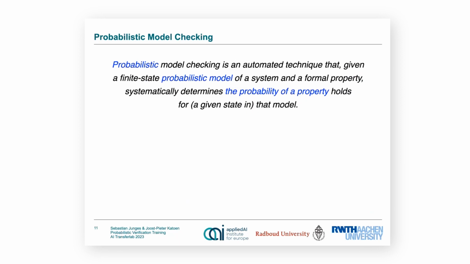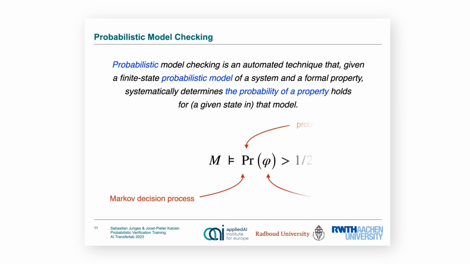So what is probabilistic model checking? It's an automated technique that takes as input a finite state probabilistic model and a property, a specification. And then you would like to systematically check, for instance, the probability that such a property holds. So basically the way to see this is that you have a model M, and we are going to see two different models. Actually, we're going to see Markov chains and Markov decision processes.